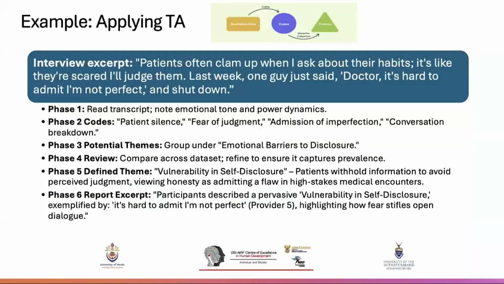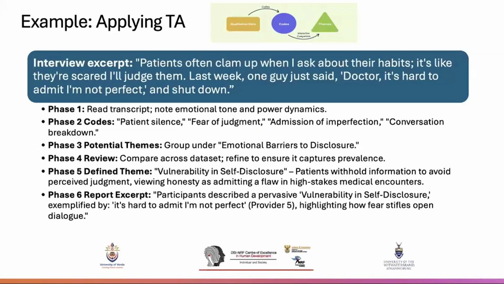So those are the 6 phases of thematic analysis. And I've also added an example to help you understand exactly how these phases are integrated, or how you would actually go about doing these different activities, or applying these different phases within your own analysis.